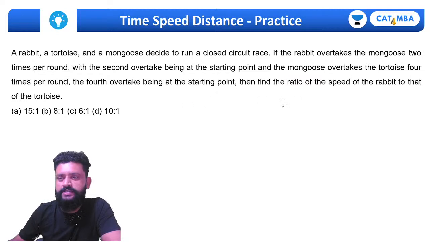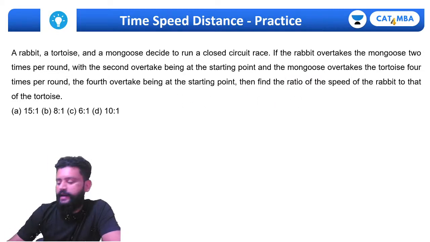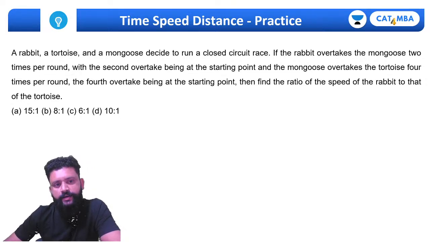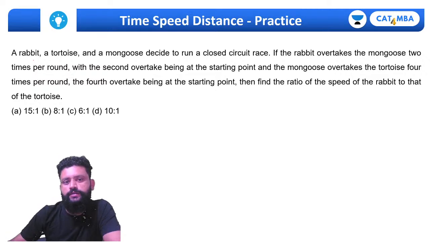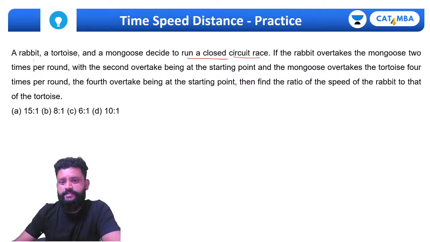See Jagu, if you can answer this question. A rabbit, again a tricky question, not lengthy at all. Think about it. A rabbit, tortoise and mongoose decided to run a closed circuit race.